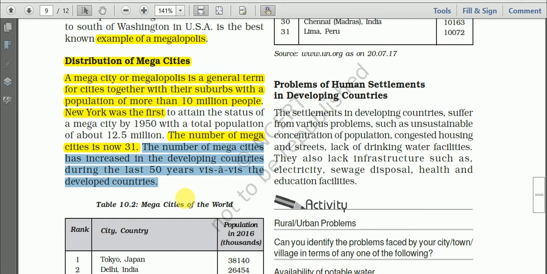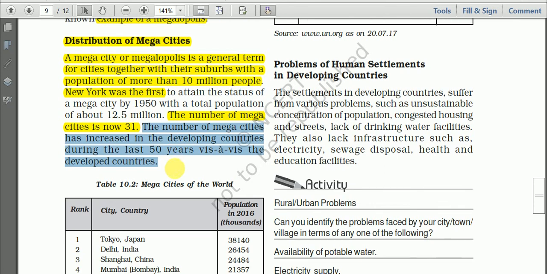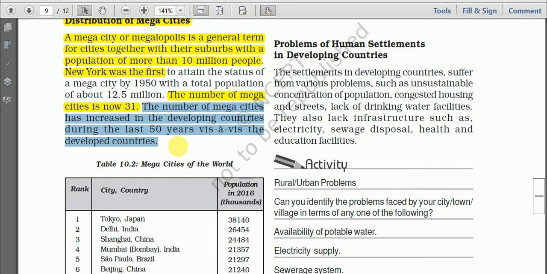So this may be due to the rural to urban migration process, because nowadays rural settlements and smaller cities and towns cannot provide employment opportunities, and that is why more and more people from the smaller towns, cities and villages are pouring towards the big cities, and that is why the number of megacities has been increasing in the last 50 years.